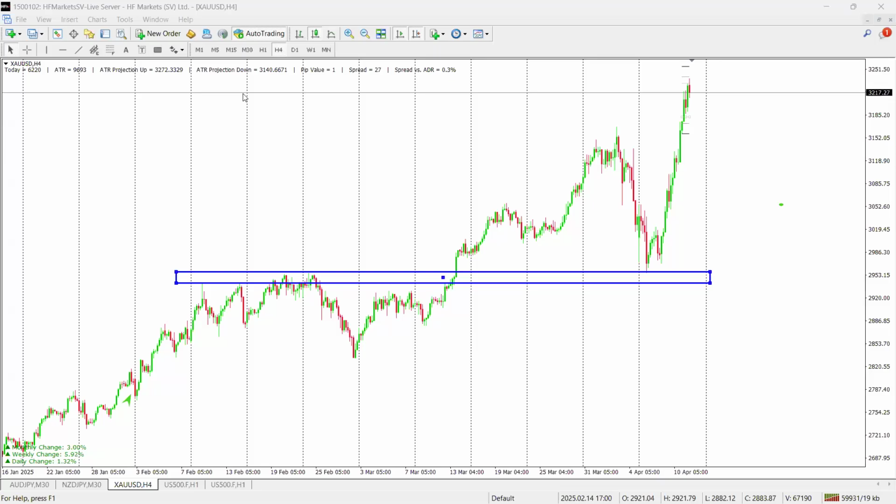And say, I'm going to keep watching this level to see when the market comes back to retest it. Because the market broke this level in the month of March here, March 13th or thereabout. The market came back for a retest in the month of April, April 5th or thereabout. Can you see?